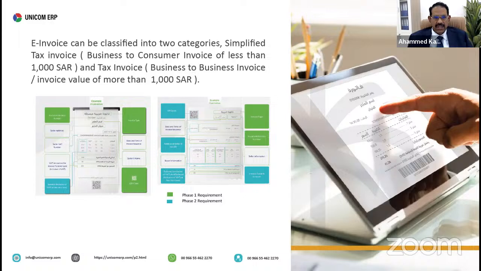The invoices less than 1,000 riyal are classified as simplified tax invoices, and the other ones are classified as tax invoices, which have different requirements with regards to compliance.